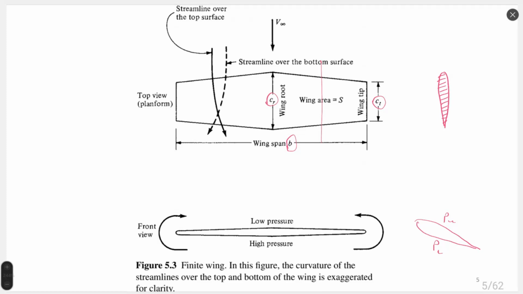So this effect of pressure difference applied to a wing creates a flow around the tip of the wing. Flow from the higher pressure region goes to the lower pressure region around the wing, creating a vortex.